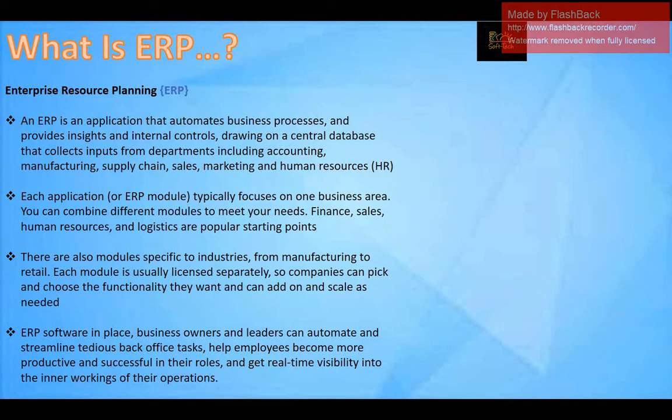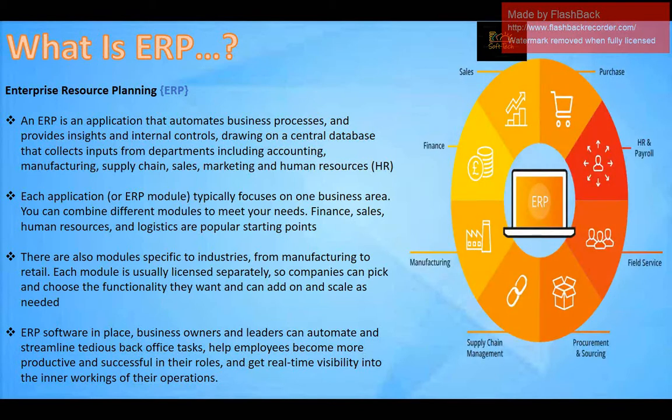But what does ERP mean? The simplest way to define ERP is to think about all the core processes needed to run a company, like finance, HR, manufacturing, supply chain services, procurement and management, and others. There are a lot of departments, like sales and purchase, HR, payroll, and field services.